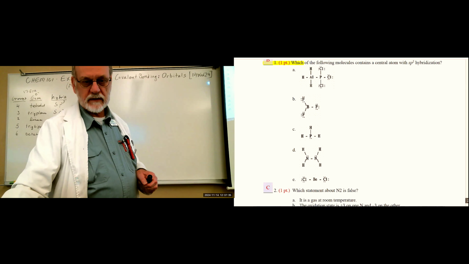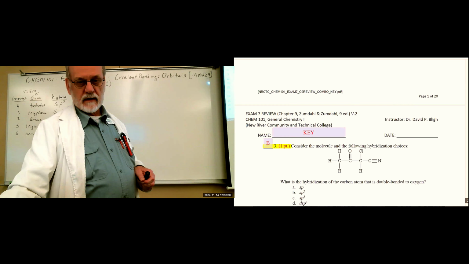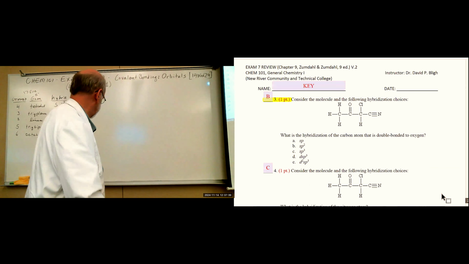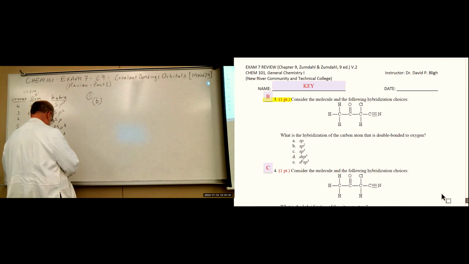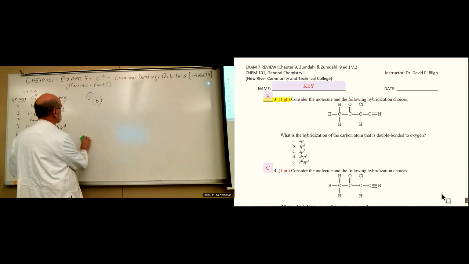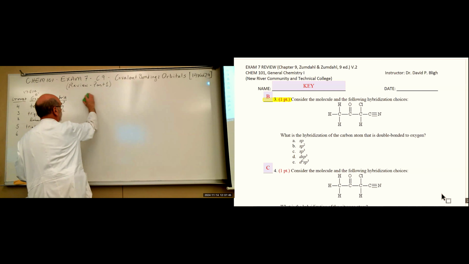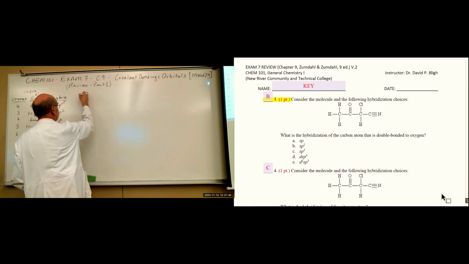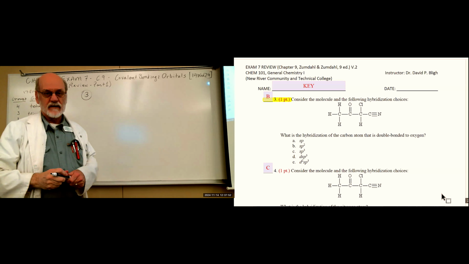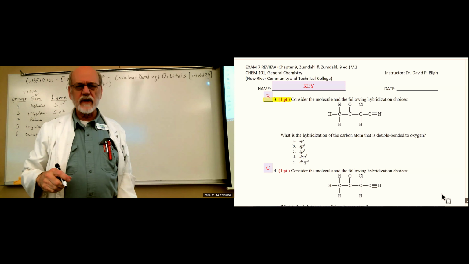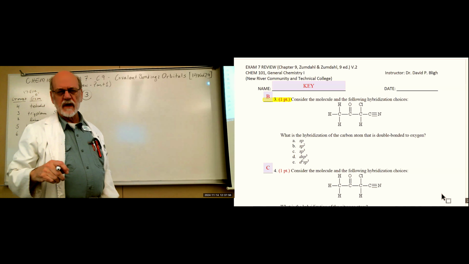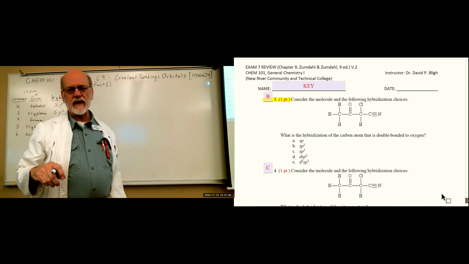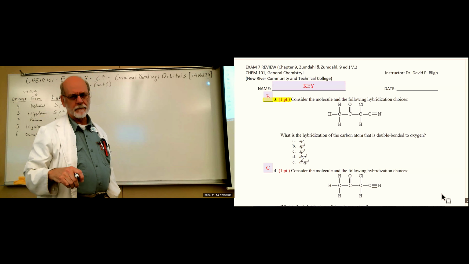All right, so we got that one out of the way. Let's take a look at number 3. All right, consider the molecule of the following hybridization choices. What is the hybridization of the carbon atom that is double bonded to oxygen?